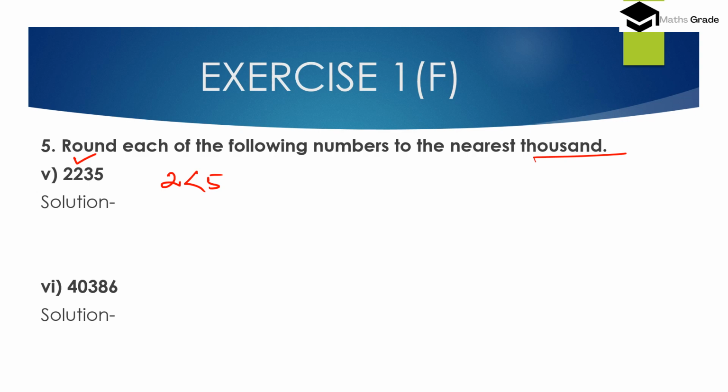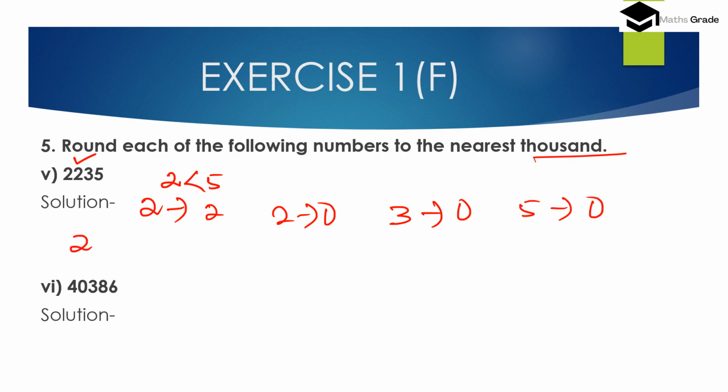Just write down the 1000 place digit as it is, and the 100 place digit 2 changes to 0, the tens place digit 3 changes to 0, and the unit place digit 5 changes to 0. Now 2235 rounded to the nearest 1000 is 2, then 0, 0, 0.